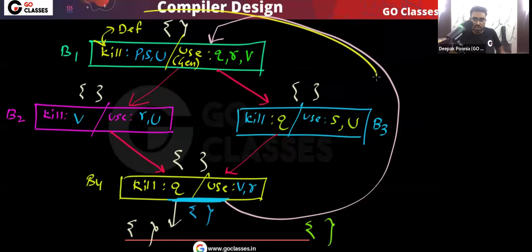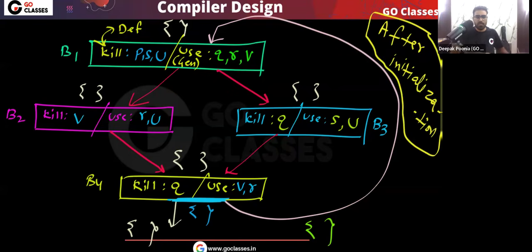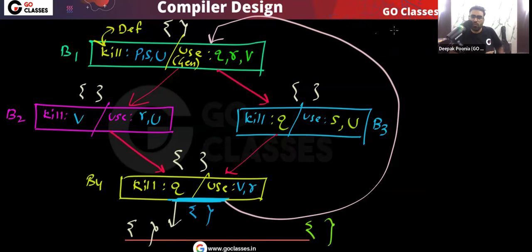Notice that this table is after initialization. This is the initial table, and now this is the table for the first pass.